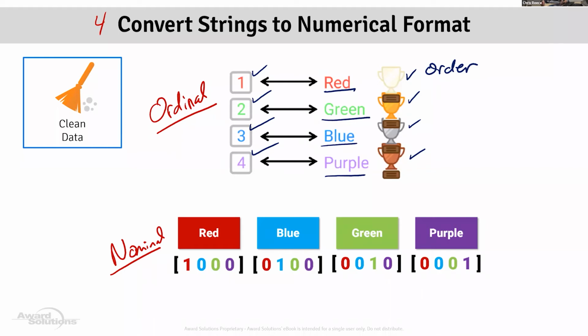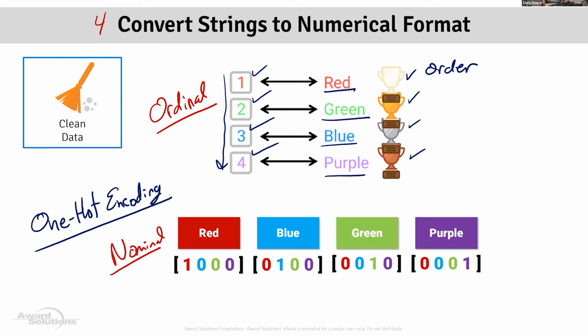In a nominal system, if we do this, it's kind of implying an order that we don't want. So a lot of times we'll use a different type of conversion mechanism, which is referred to as one-hot encoding. In this case, we're going to create an array, and that array is going to have a number of members equal to the number of different objects we have.